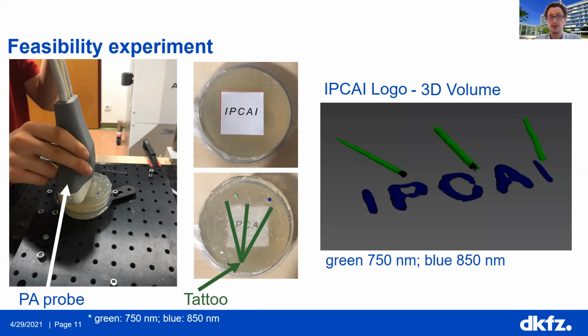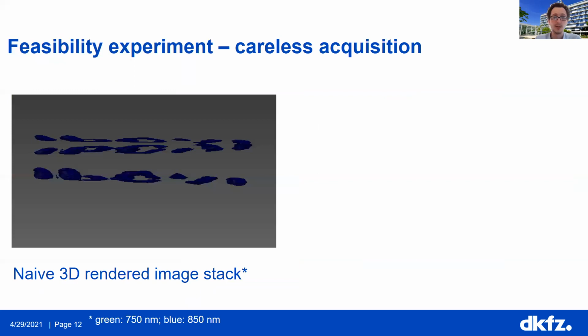A quantitative analysis of our approach can be found in our proceedings paper, where we compare our T2 tomography approach with an optically tracked baseline. You now may think this scan was performed very carefully, but we also did a careless acquisition of the same setup. On the left, you see a naive stack of images where we moved the probe back and forth and tilted the probe.